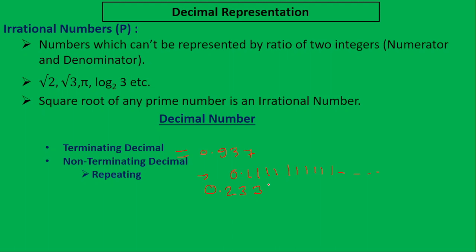First we see examples of repeating: 0.111111 till infinity, 0.233333 is repeating, 1716, 1716 repeating every time, infinity times.